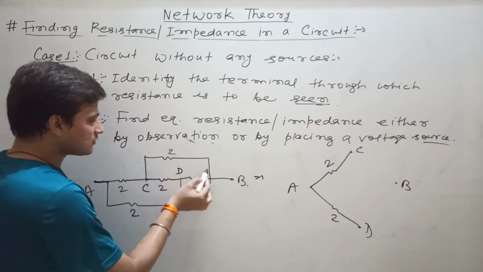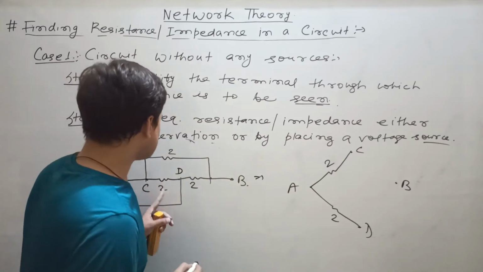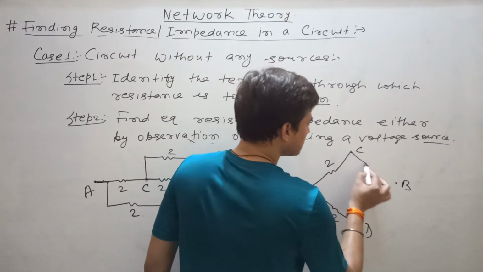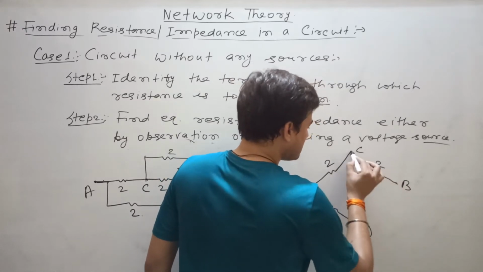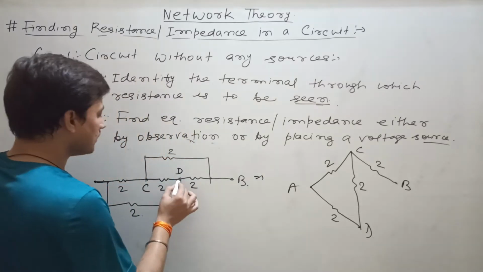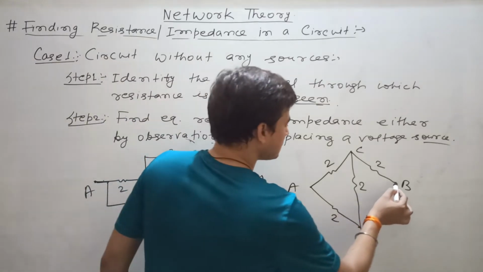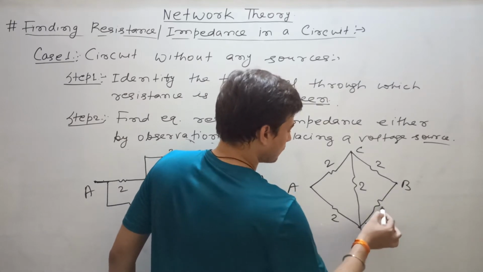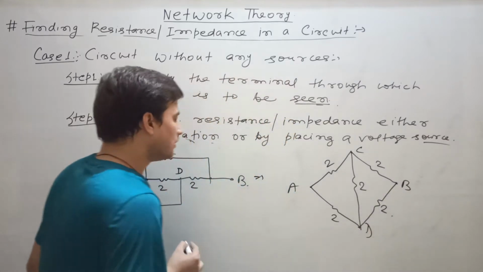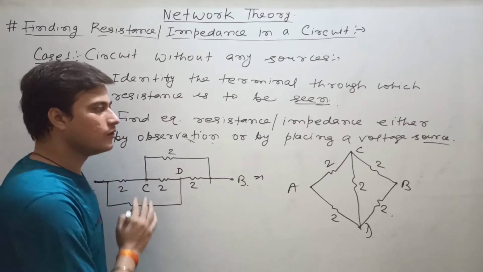Now it has connections with B. It has the connections with D. So that means C and B, it is 2 ohm. C and D, it is 2 ohm. Next, come to D. It has the new connection with B. So B, that means here it is 2 ohm.